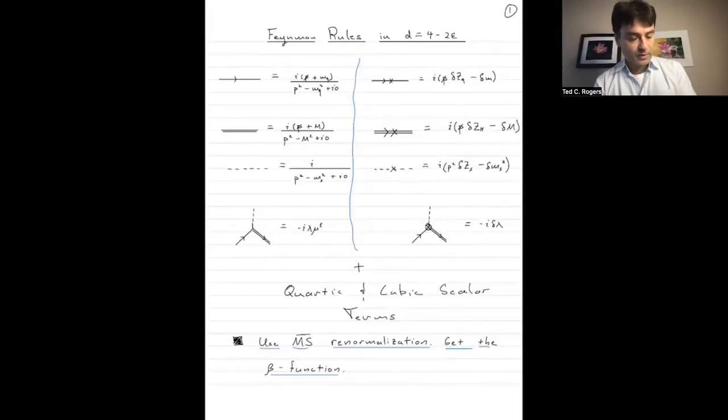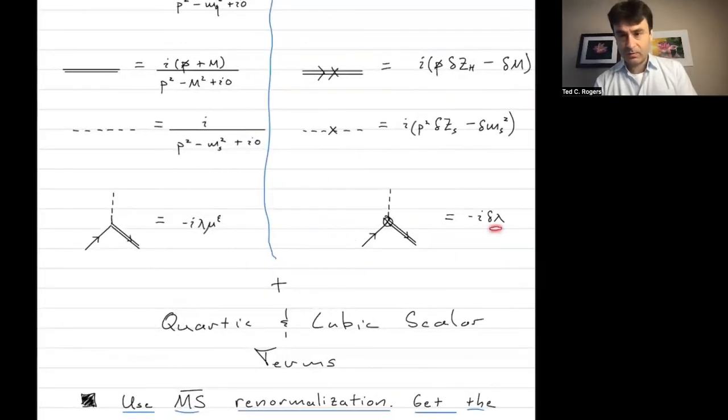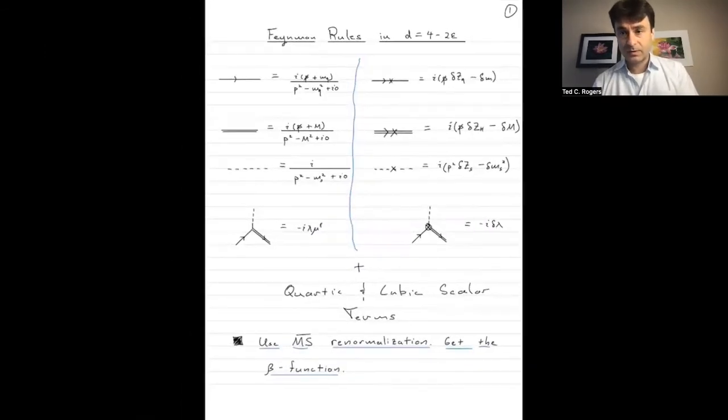Okay, remember we've got mu to the epsilon that I'm writing here explicitly if we're doing these Feynman rules in 4 minus 2 epsilon space-time dimensions. Okay, that means that the delta lambda that I defined over here also has to have units of a mass to the epsilon, if we're away from epsilon equal to 0.